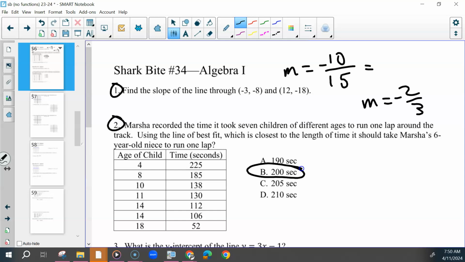So if you don't use Desmos, you would need to write the line of best fit and x equals 6. If you use Desmos, you could just write B. Questions on that one?